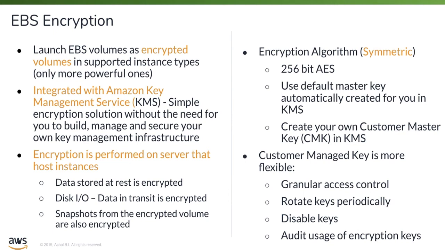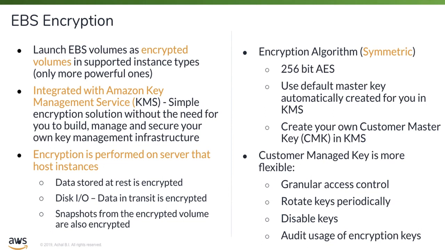So we were talking about encryption options which were available for EBS. When you launch EBS, you can launch it with an encrypted volume. But after you launch an instance, you cannot directly just encrypt the volume.